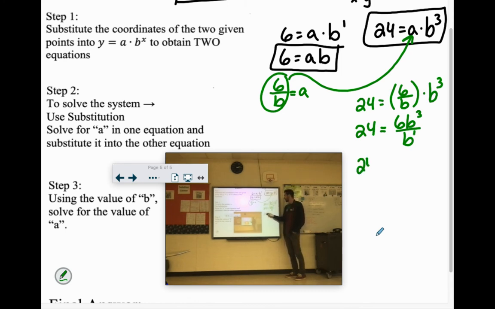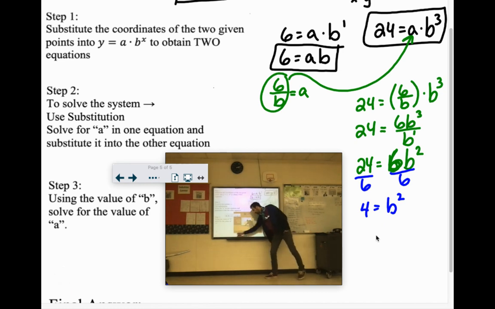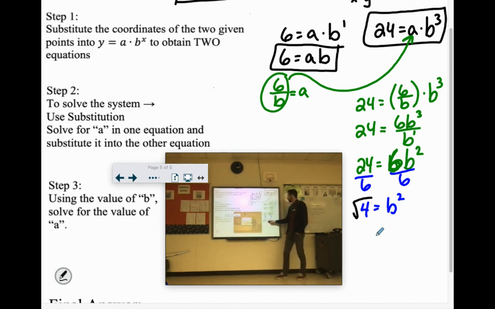So we'd have 24 equals 6b squared. To solve this, we divide by our 6. 24 divided by 6 is 4. It's b squared. We're just looking for b, so we'll square root it, and we'll just take the principal square root on this one. B equals square root of 4 is 2.